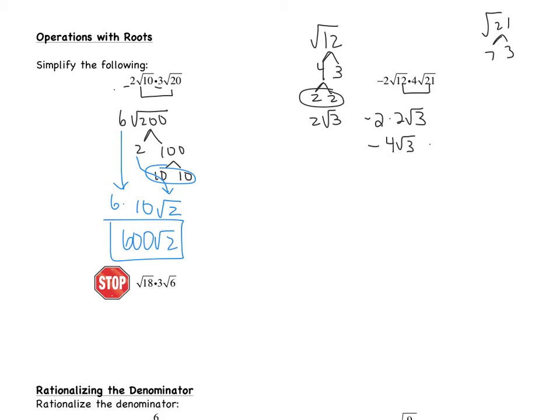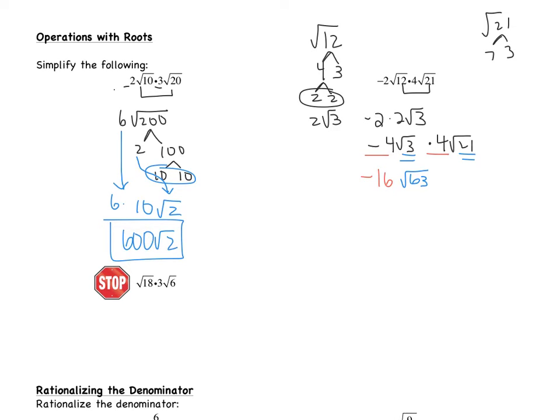So that 4 root 21, I can't simplify that at all. Okay, so now I've simplified this a little bit. I know that negative 4 times 4 will give me negative 16, and then I have to multiply 3 and 21, which is a lot easier than 12 and 21. Multiplying 3 and 21 will give me the square root of 63.